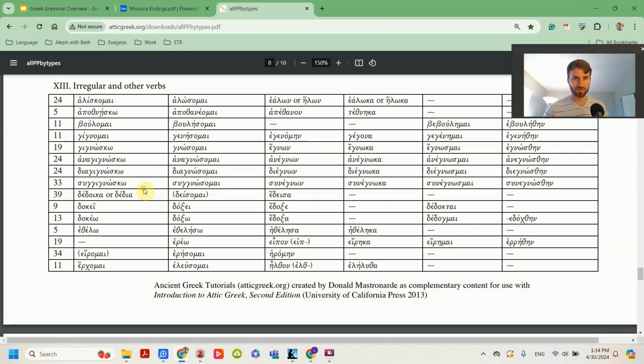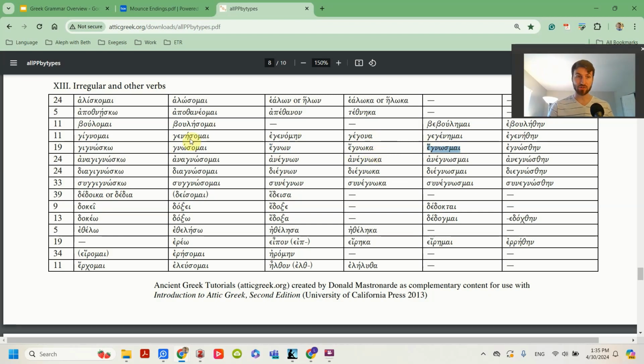Here, let's just go to gnosko. This is the present and the imperfect. We'll use this one. The future uses the second principal part chart. The aorist, which we learned last time, uses the third principal part. And now, the perfect active will use the fourth, and the perfect middle passive will use the fifth. And the pluperfect will use these as well.